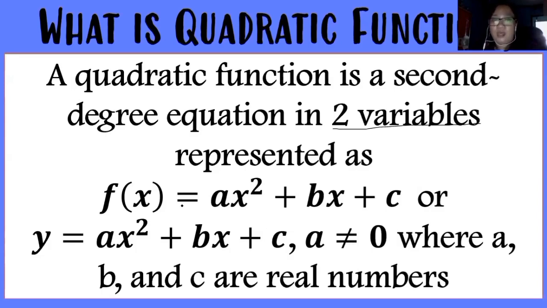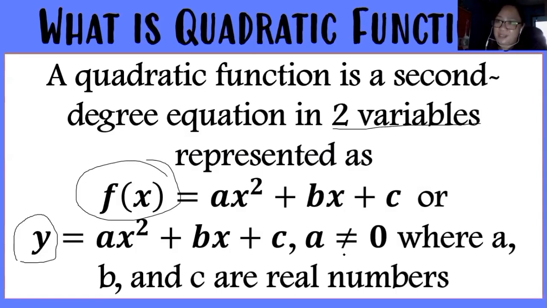Take note that f of x also means y, or y means f of x. They are just equal. And to be considered a quadratic function, a should not be equal to 0, because if a is equal to 0, then that is considered a linear function, where the values of a, b, and c are real numbers.